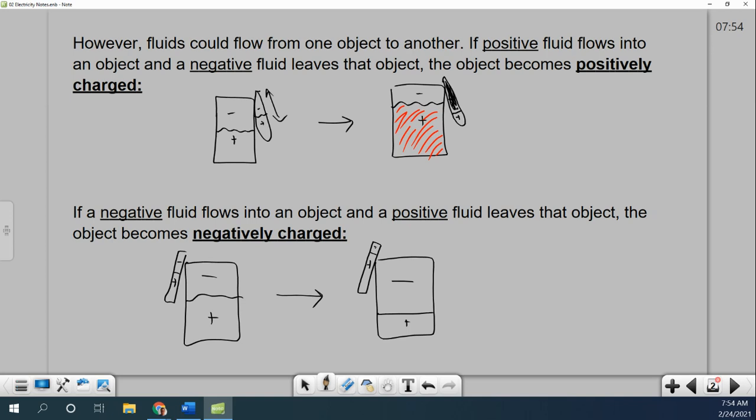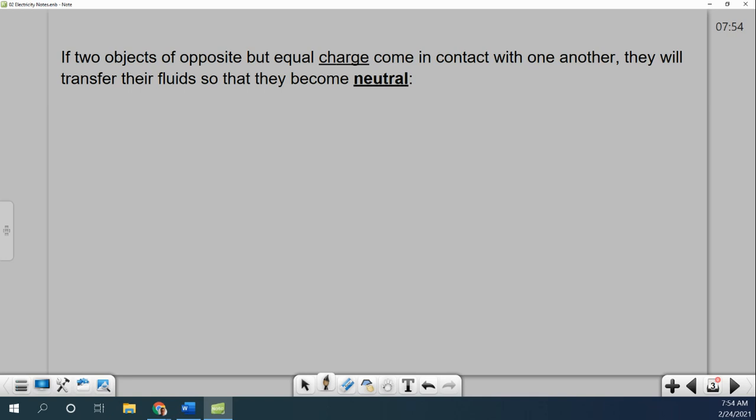So this transfer, you pour fluid just like pouring water from cup to cup. You could pour these charged fluids back and forth between objects. And so he said, all right, if two objects of opposite but equal charge come in contact with one another, they will transfer their fluids. So here's a positively charged object. Here's a negatively charged object.